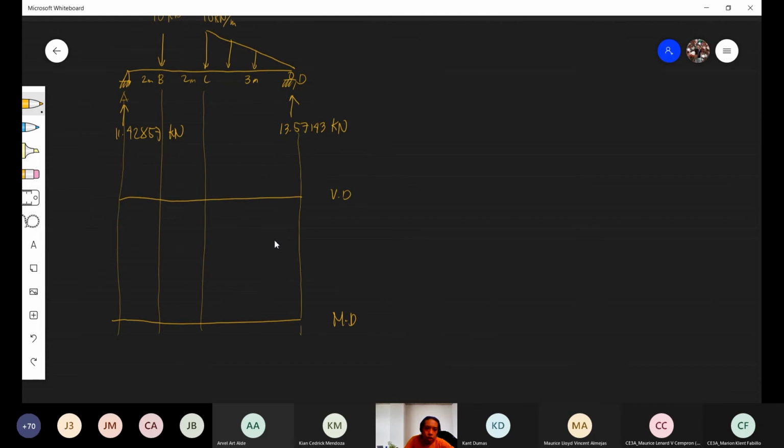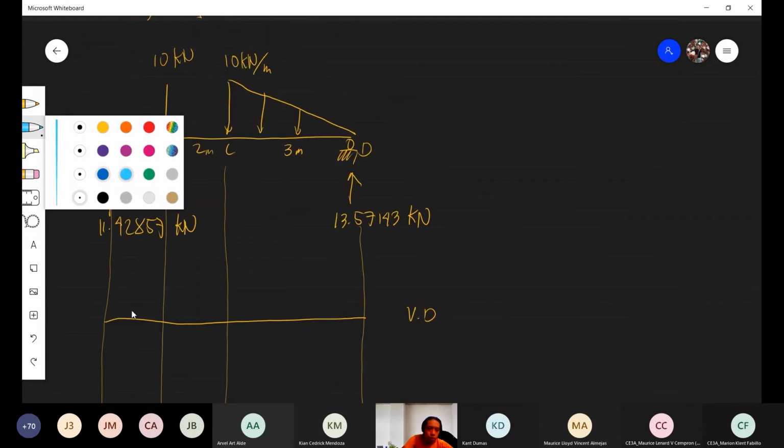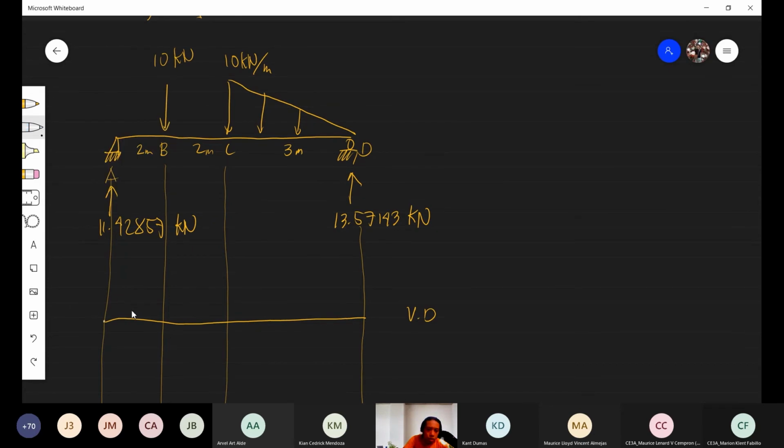Now the shear diagram. Of course, we start at 0. Then there is a point load here of 11.42857, and the direction is upward, so it rises until 11.42857.